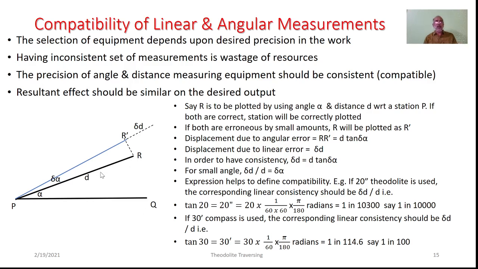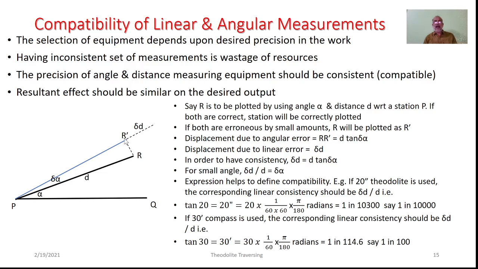But as you know, all the measurements are subjected to instrumental, manual, atmospheric errors. Both the measurements will be somewhat erroneous. Hence, this R won't be plotted exactly as R, but through that delta alpha effect, that is nothing but the error in angular measurement, and the distance measurement error delta d will cause this R to be shifted as R dash.